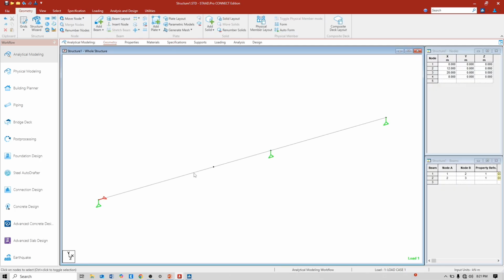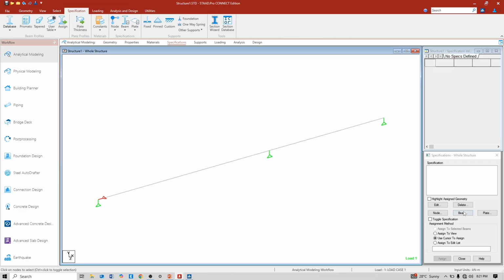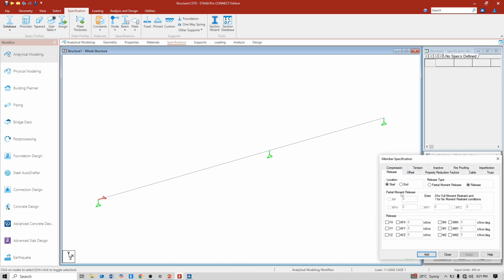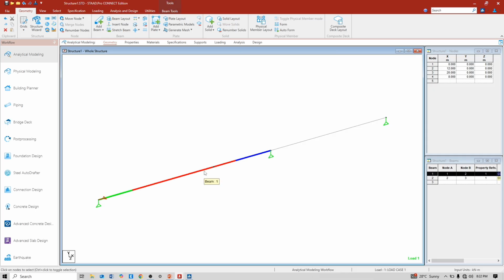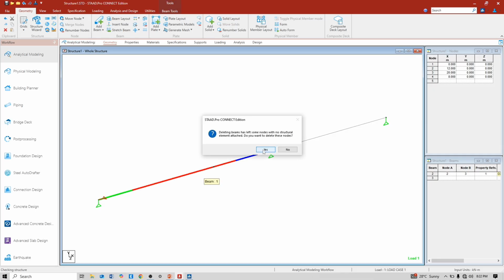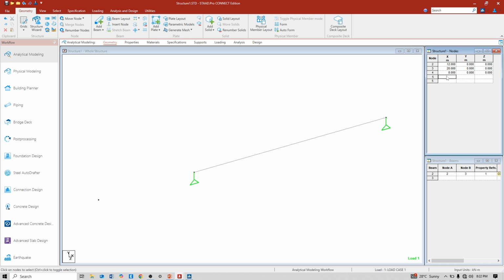So that means this 8 meter, specifications, beam releases start. We need to consider 0.4, beam here.